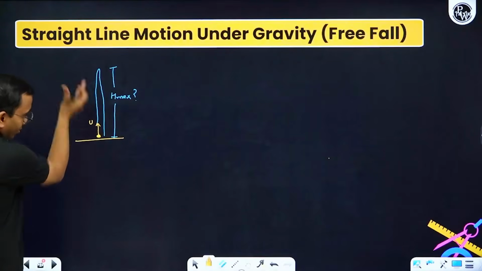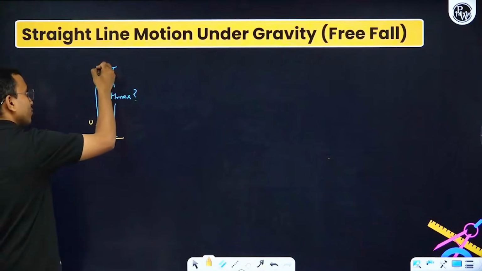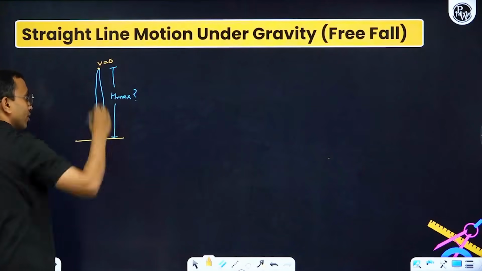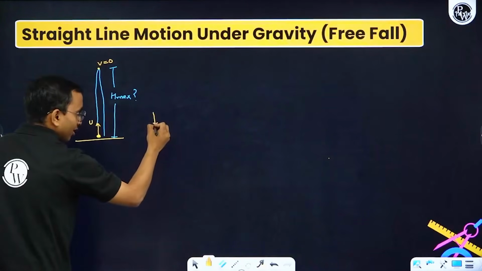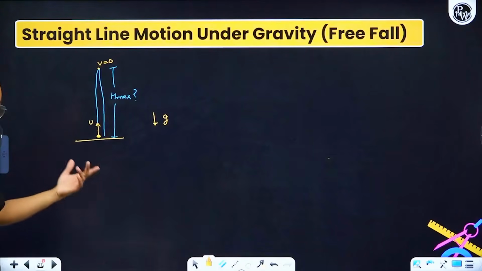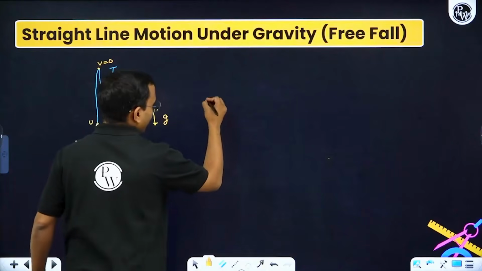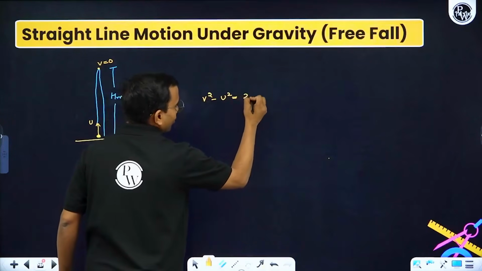So projecting with a certain upward velocity u, when it reaches the maximum height, we know here the velocity becomes 0. I need to find how much is the displacement. Acceleration is in the downward direction, g. Which formula should I use to find h? v square minus u square is equal to 2as, isn't it? I don't need time. So v square minus u square is equal to 2as.